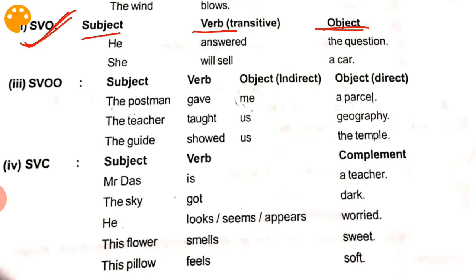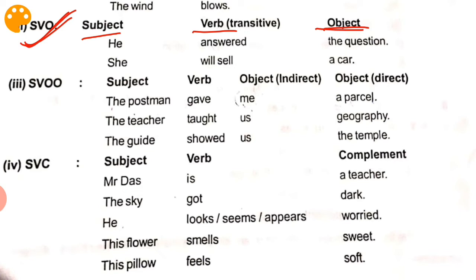When someone asks a question to a verb using what or whom, we can pick out the object from a sentence. If we ask using what, we get the direct object, and if we ask the verb using whom, we get the indirect object.